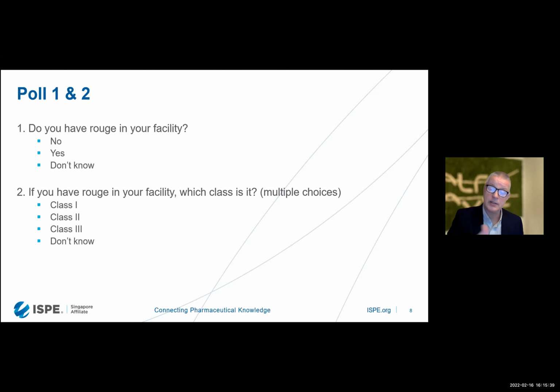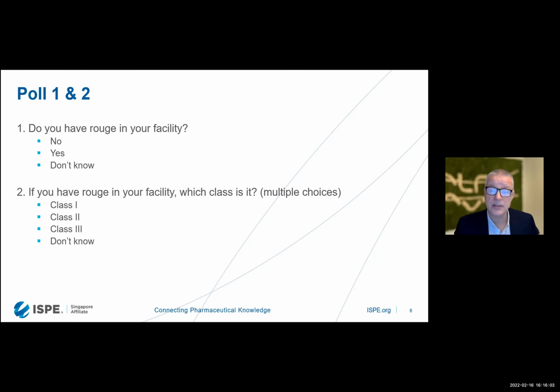But hopefully the introduction here to the different classes could give some idea. So if you have rouge in your facility, which class is it? Is it class 1, class 2, class 3, or a combination of these, or if you don't know? So please answer that question.